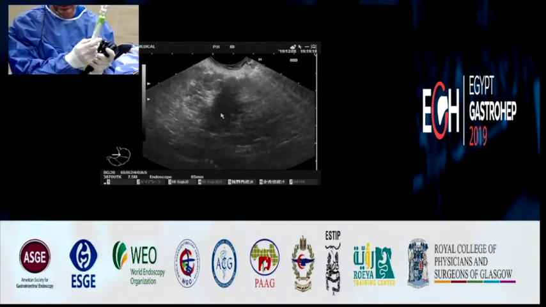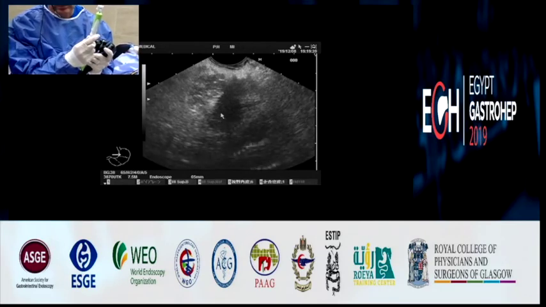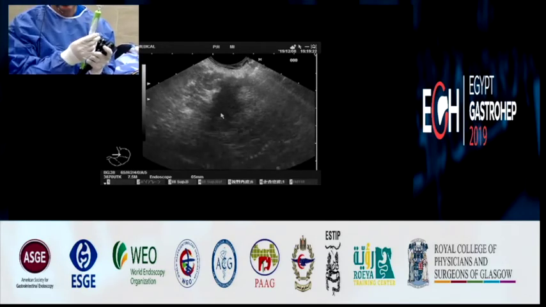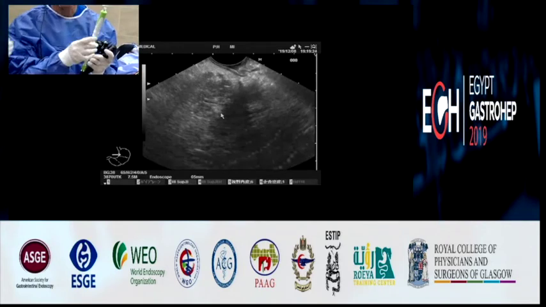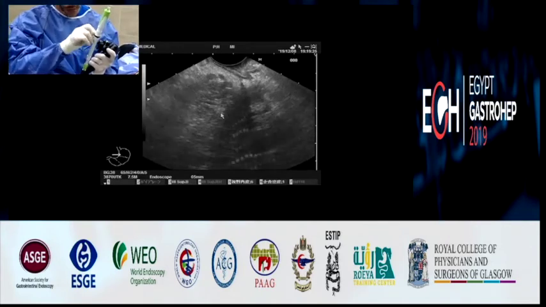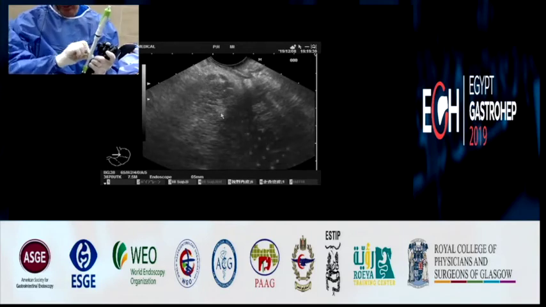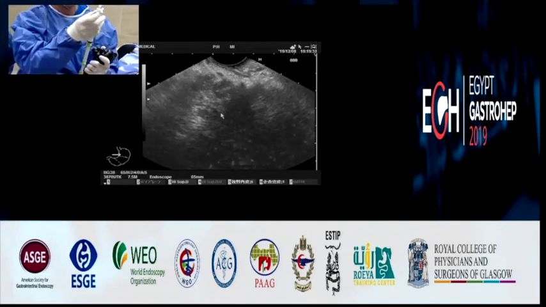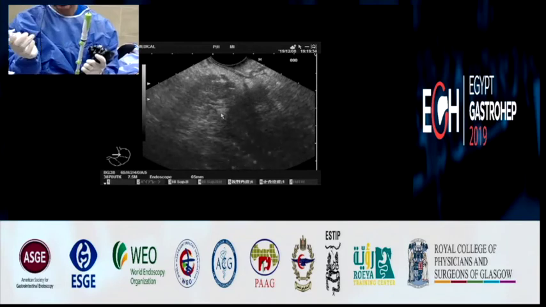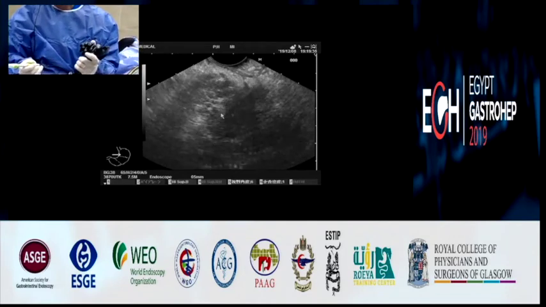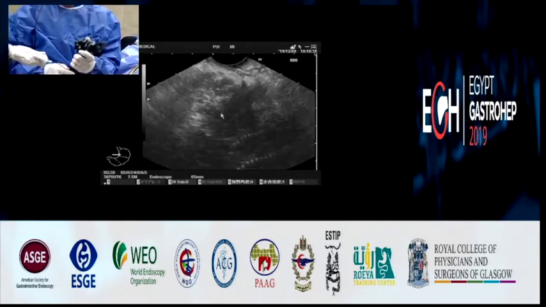Yes. The only technique is the fanning technique, which is to change the direction of the needle during the puncture. I tried to do it, but I found some difficulty, and sometimes it's not possible. This was proved by a very small randomized study published by Shyam Varadarajulu in Orlando.